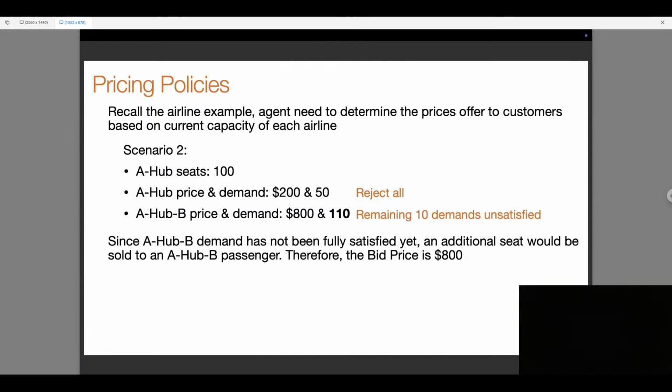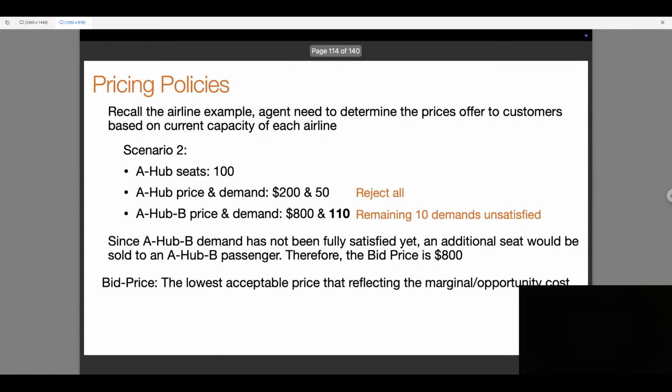Since A2 hop to B demand has not been fully satisfied yet, additional seats will be sold to an A2 hop to B passenger instead of an A2 hop passenger, for the higher revenue we could gain from A2 hop to B than A2 hop, right? So the buy price is 800. From these two scenarios, we can see that the buy price is the lowest acceptable price, reflecting the marginal opportunity cost.